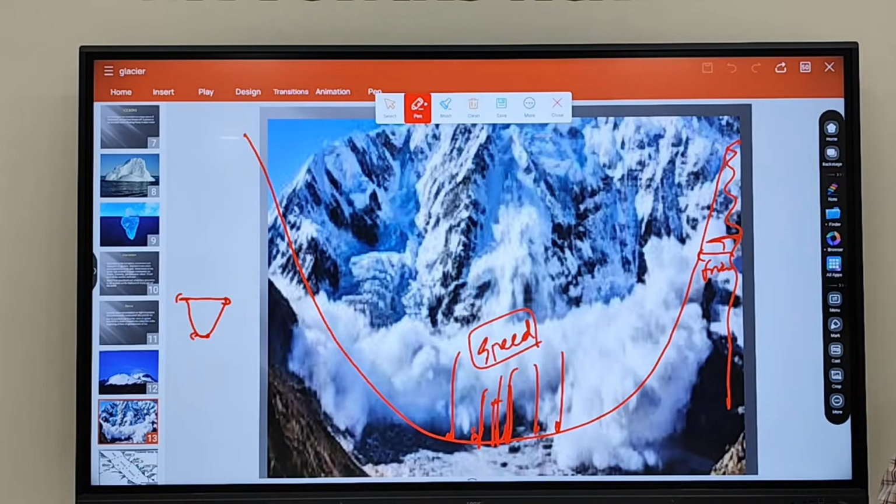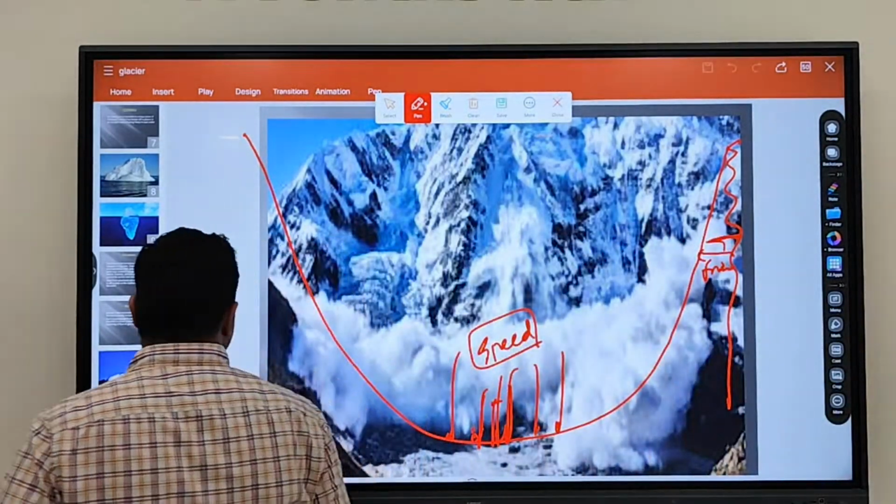When do we call it an avalanche? When you see a sudden flow of ice starting because of an earthquake or other reasons, then it is called an avalanche. But at normal times also, some of the glacier will move down. Why will it move down? Under the influence of gravity. So not a huge amount of snow, but some amount of snow will flow down. So this is what we call glacial movement. Fine.